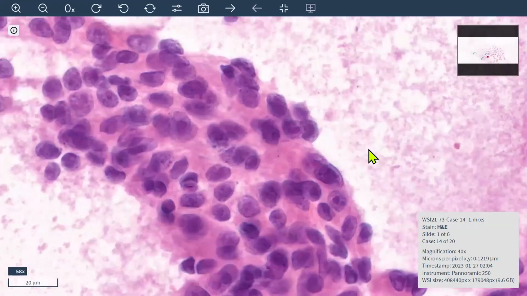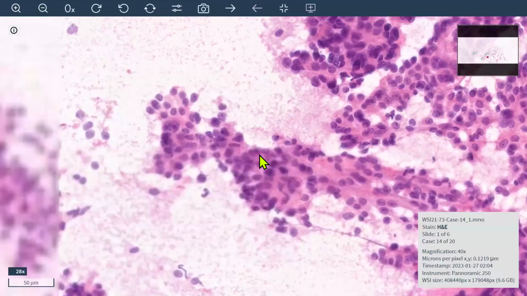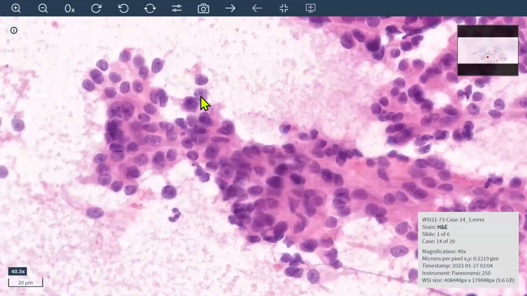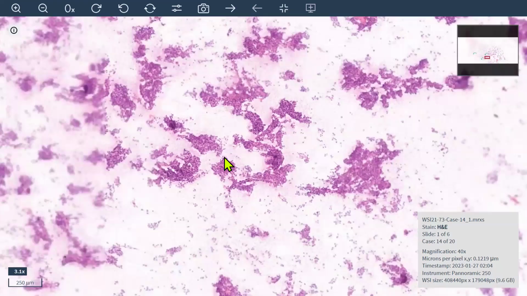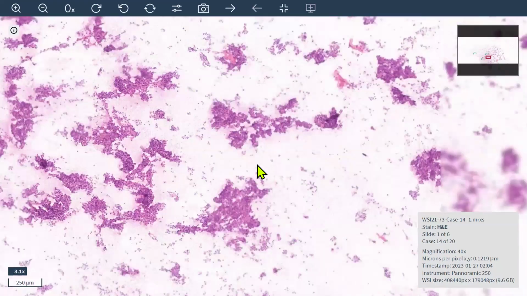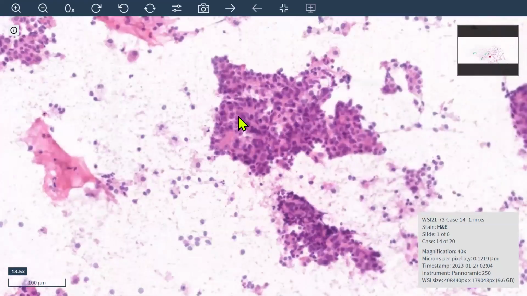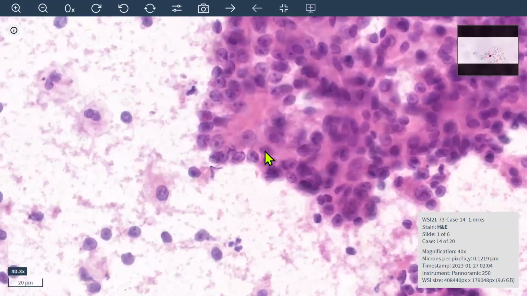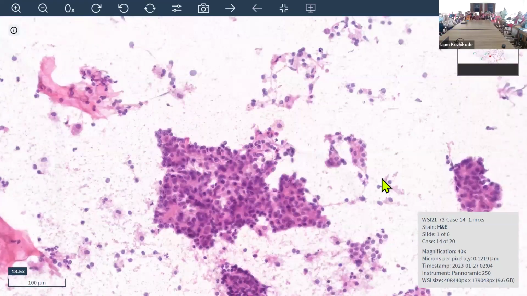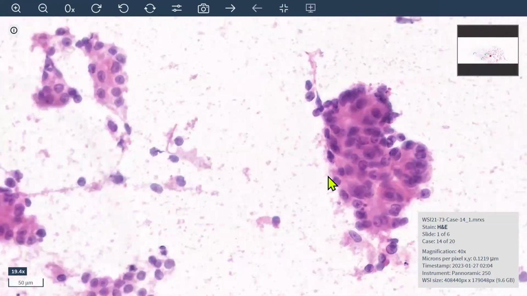Any idea? Diagnosis, please. You are seeing these vague acini. You are seeing prominent nucleolus. What is the diagnosis? Acinar cell carcinoma, yes.